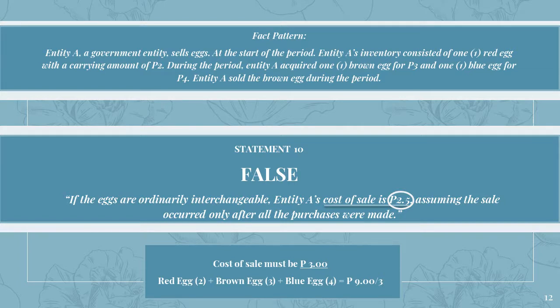If we calculate using the moving average cost formula, it should be the red egg 2 pesos, with the additional brown egg 3 pesos and the blue egg 4 pesos, equals 9 pesos, and we get the average by dividing by 3, because we have 3 eggs. It was stated that after all purchases were made, the brown egg was sold during the period.